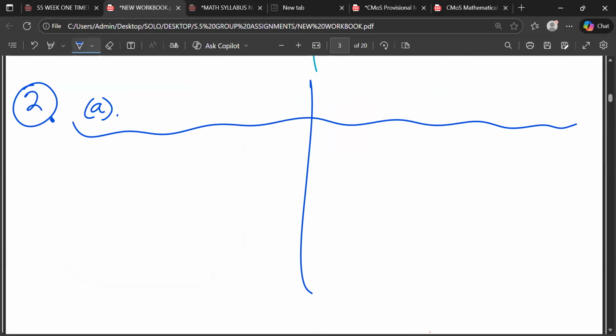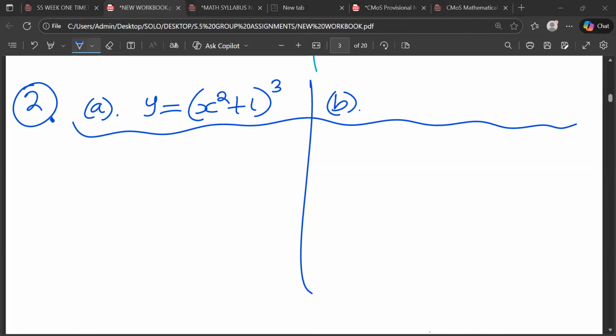So, number 2, part A and B. I want people to tell me, what do we do when you're having something like this: x squared plus 1, power 3. Who can tell me what we do here? Because you need to first remember what is done.